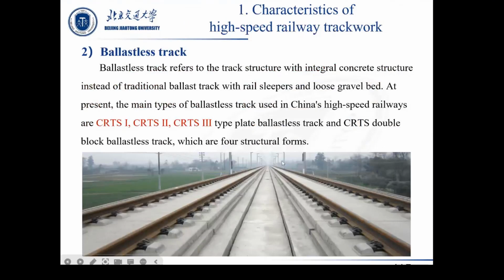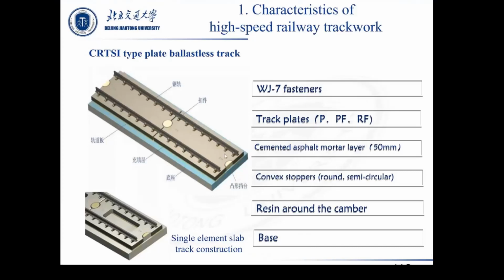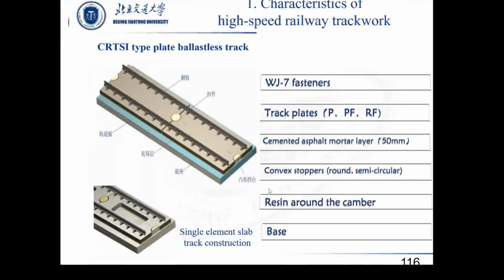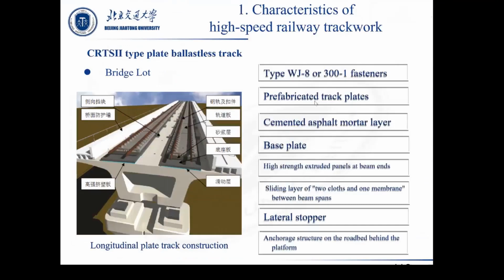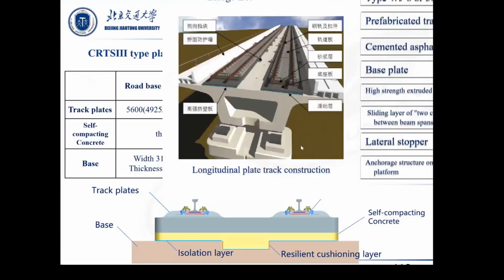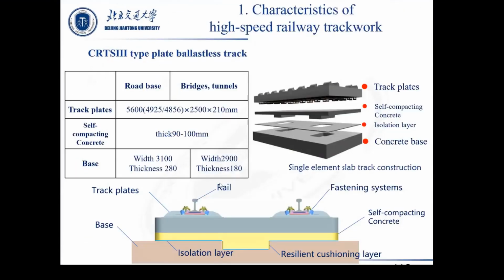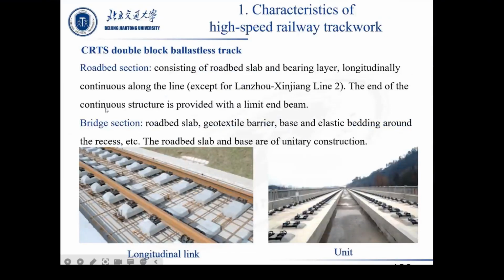We can look at this picture and learn the characteristics of high-speed railway track work. The CRTS is double block.